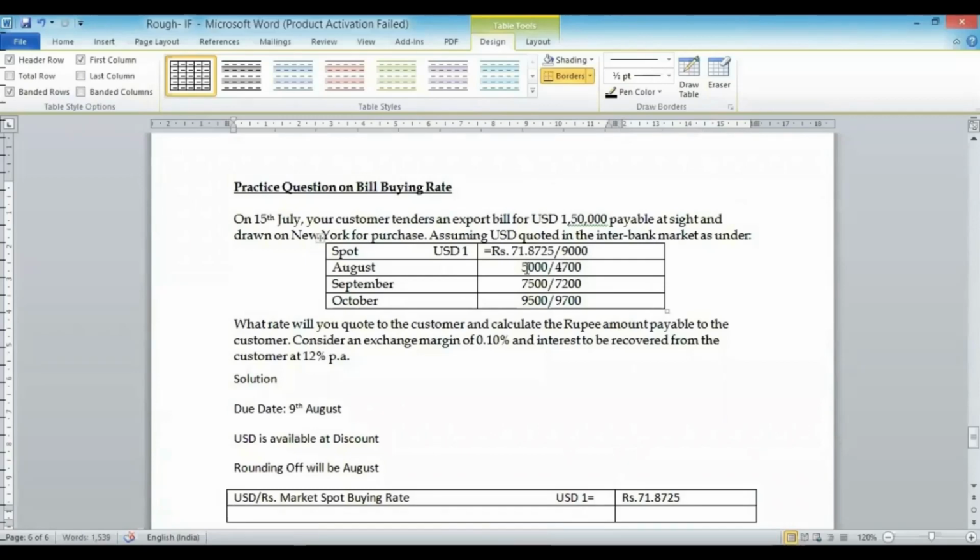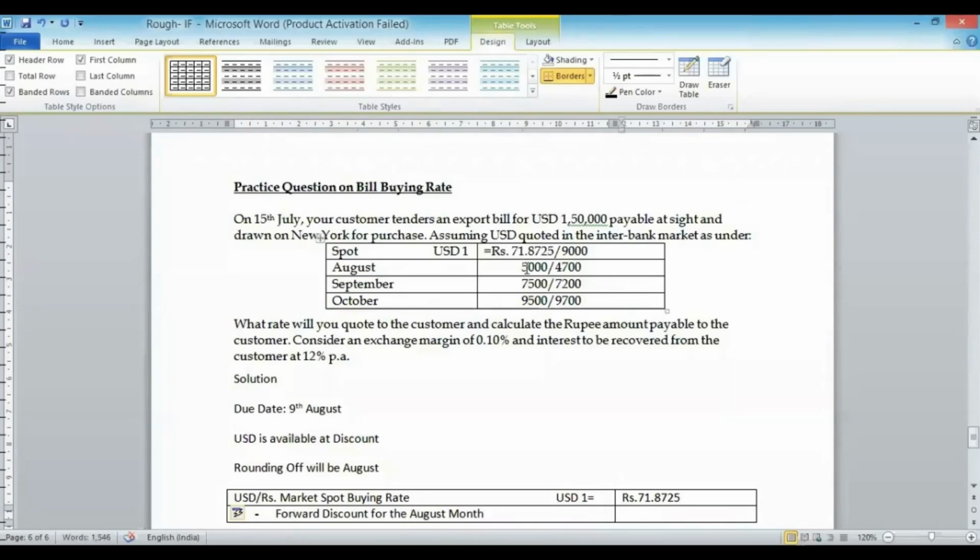Now as it is at discount, we can say minus forward discount for August month.